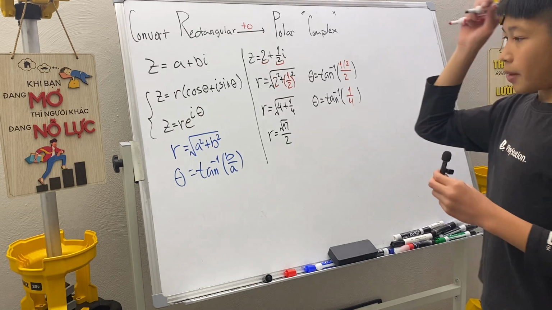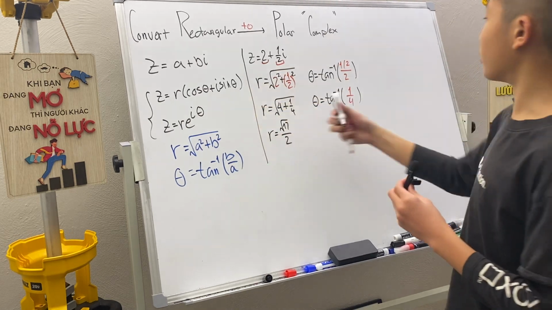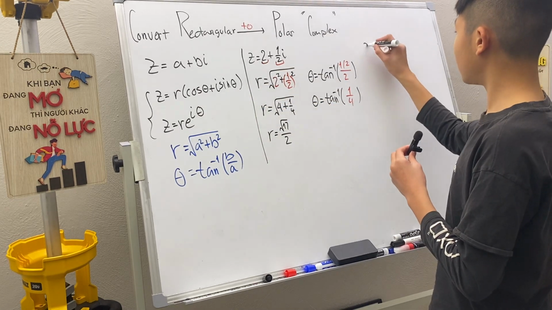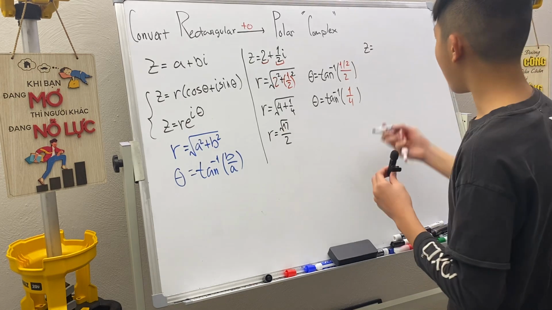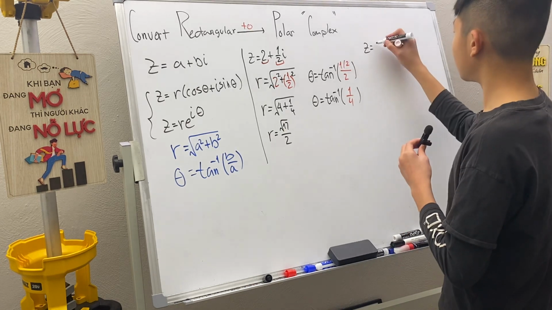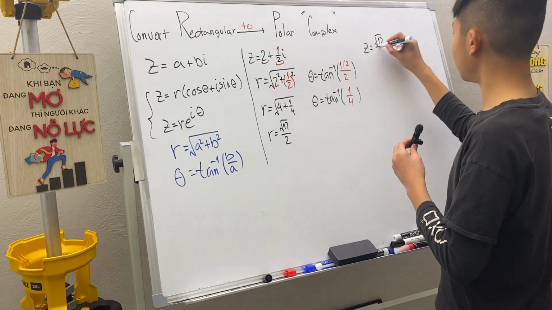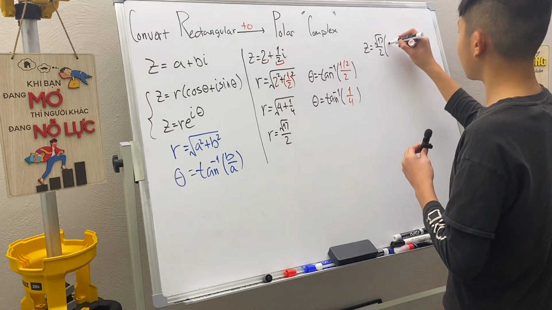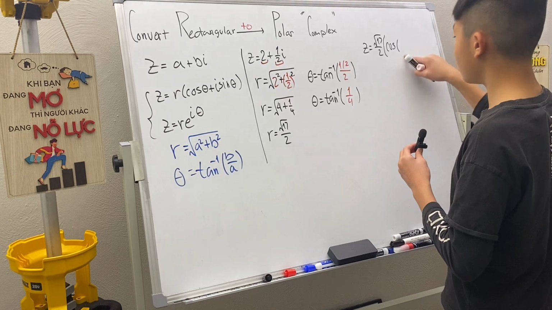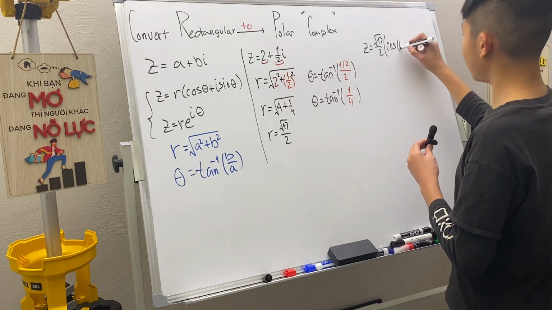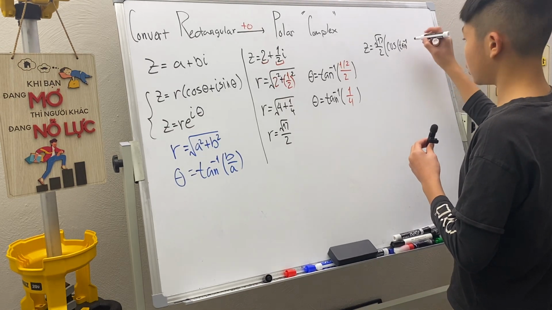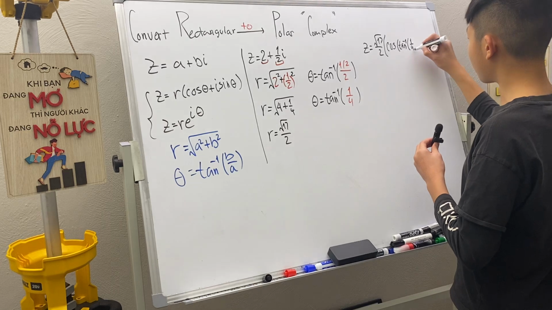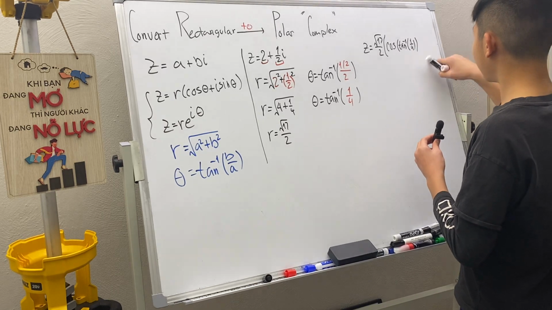In polar form, z equals r, which is square root of 17 over 2, times cosine of the angle, which is the inverse tangent of 1 over 4, plus i sine of the inverse tangent of 1 over 4.